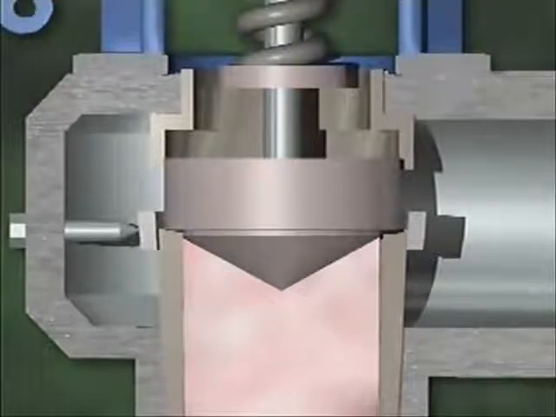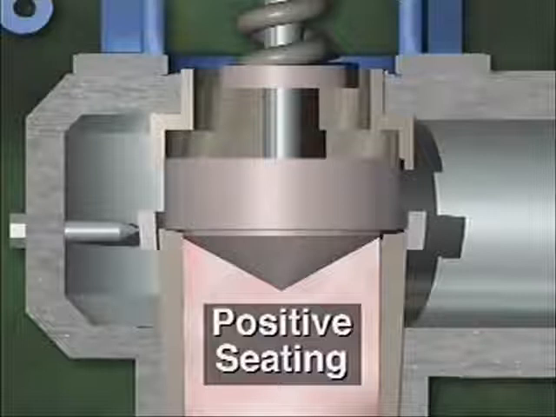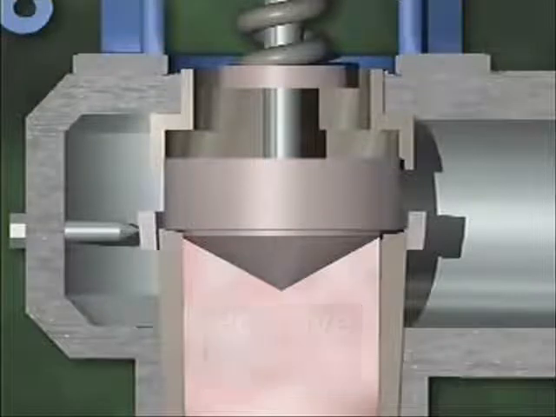A small cushion of steam trapped in the huddling chamber keeps the disc and seat from slamming together hard enough to be damaged as the valve snaps shut. When the disc is firmly in place against its seat, the valve is said to have positive seating. Positive seating is important because it keeps the valve from leaking fluid through the disc and seat.